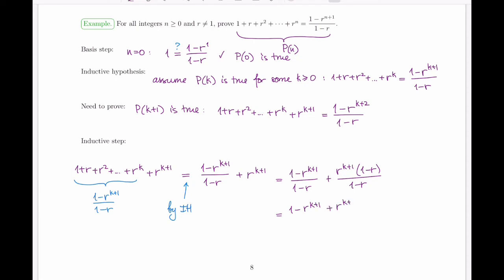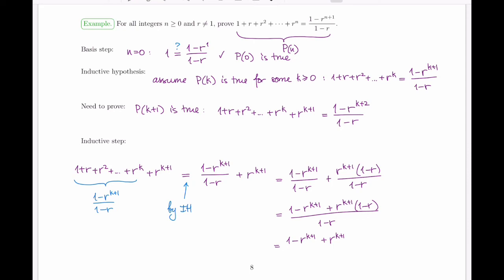Okay, I'm not going to skip steps here, so I'm just going to rewrite it. Over 1 minus r. Excellent. And next step, I'm actually just going to open up these brackets. So what I have is 1 minus r to the power of k plus 1 plus, let's see, r to the power of k plus 1 times 1 is just r to the power of k plus 1.